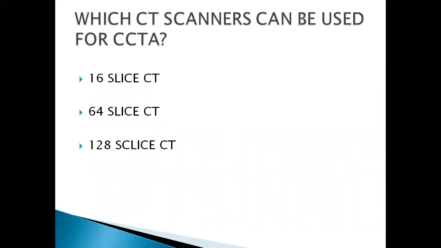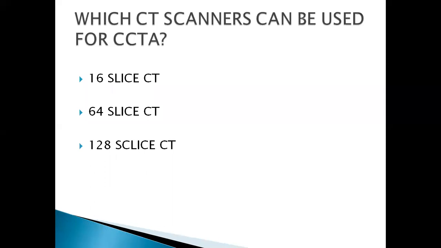Another point that I would like to bring across, just as an overview, is which CT scanners you can use for cardiac CT angiography. Is it any CT scanner that you have? You find that only 16 slices and above can support this examination.